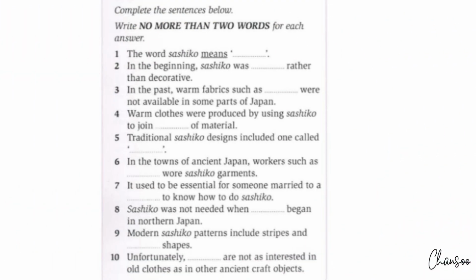Track 14, Unit 8, Listening, Exercise 4. You will hear a lecture on a traditional Japanese form of stitching called sashiko.